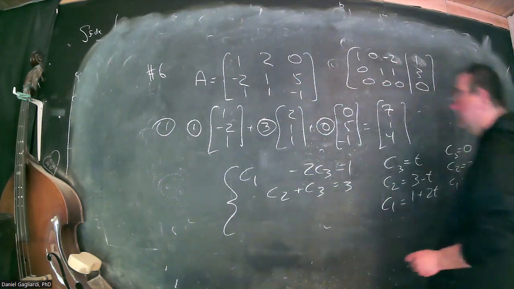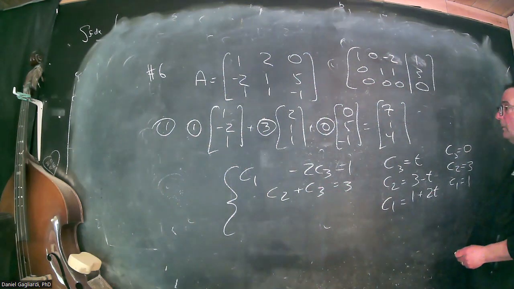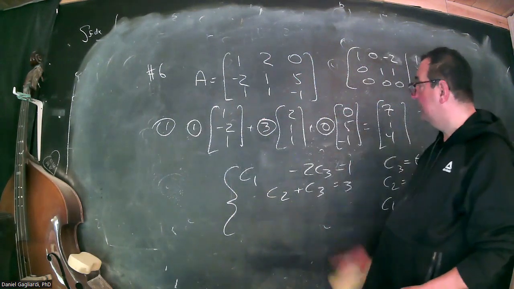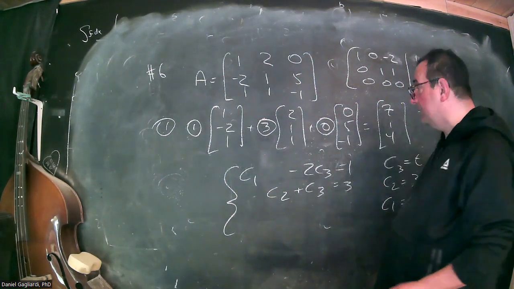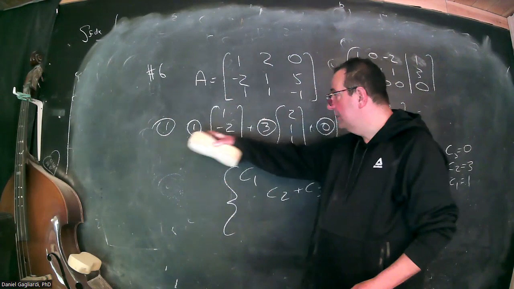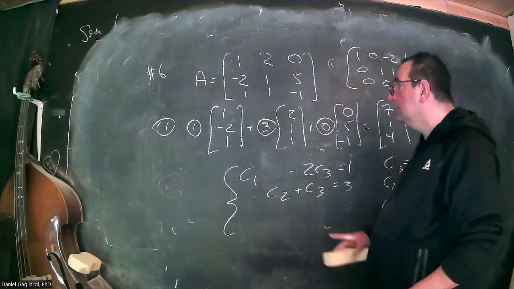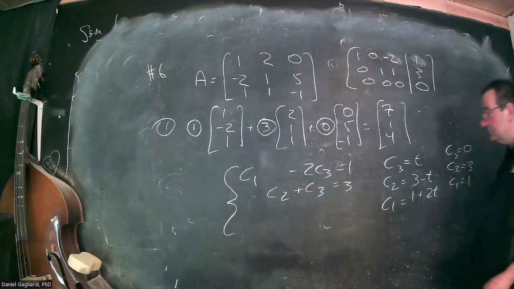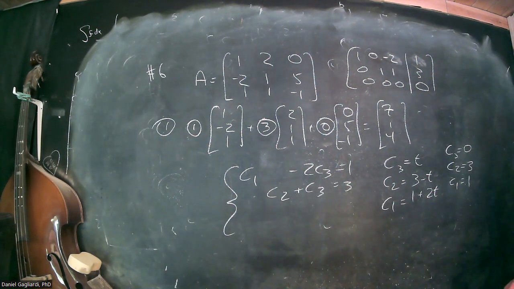Can we get to 7, 1, 4? Let's hope so. So how about this? 1 plus 3 times 2 is 6, plus 1 equals 7. Yay. How about negative 2 plus 3 is 1? Good. And 1 plus 3 is equal to 4.